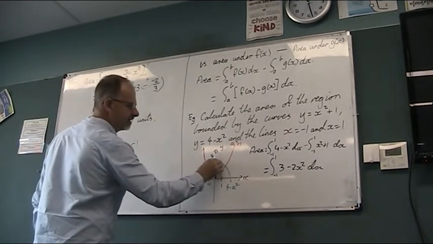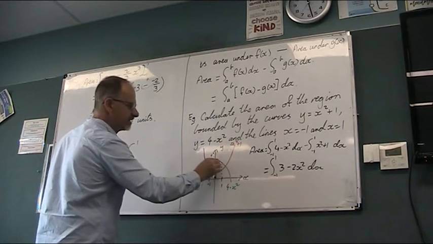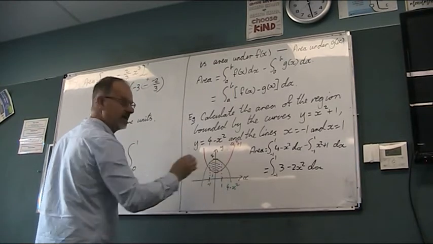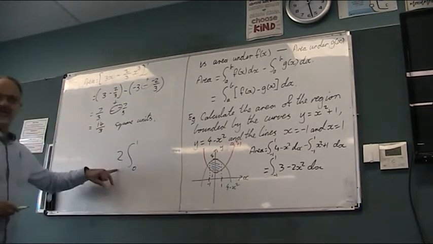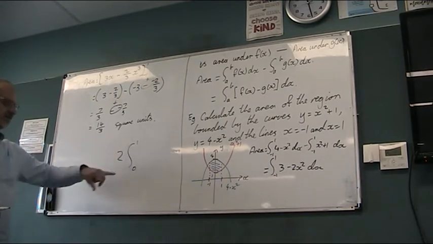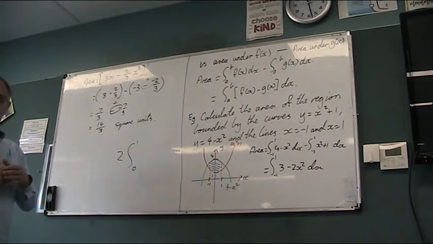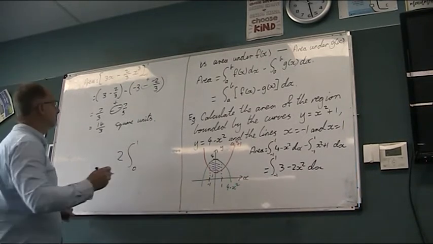So 0 to 1 is that side, and because it's symmetrical, that side and that side are the same. So sometimes you could see it written as two lots of 0 to 1.